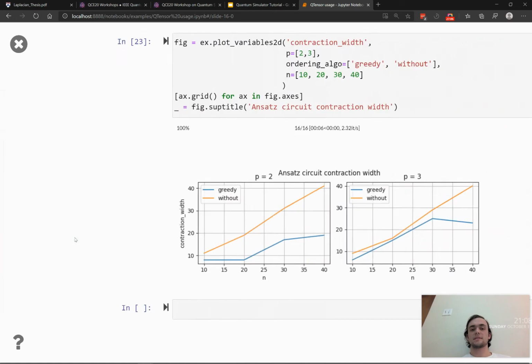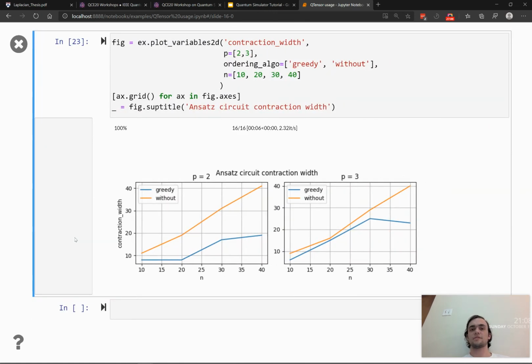So let's look at some interesting graphs. This is a helper utility that allows you to plot the values on the Cartesian product of your input variables, and you just specify that p equals 2, 3. Let's say we are interested in p equals 2 and 3, ordering algorithm greedy and without, and just comparing those two algorithms is very interesting, because for different p you get different results.